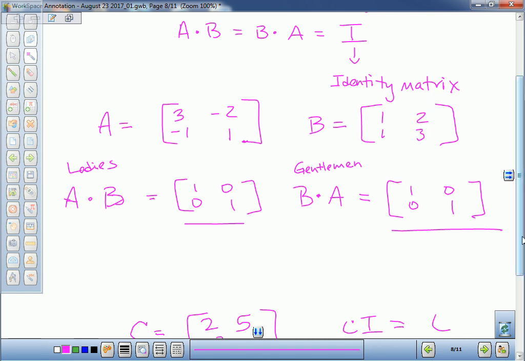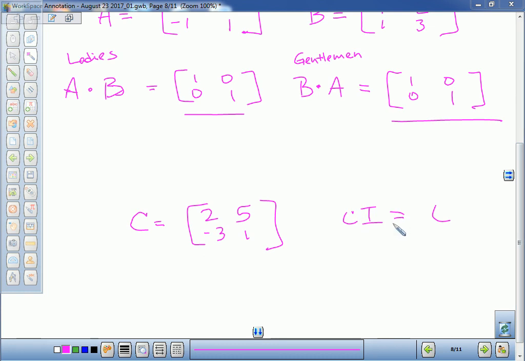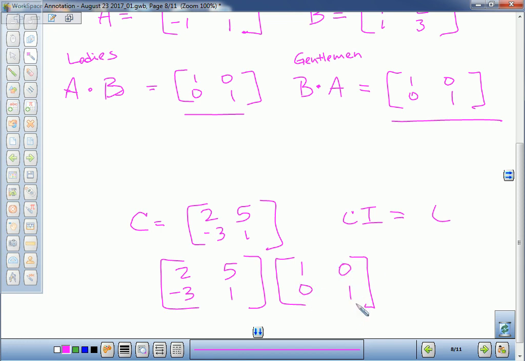Now, an identity matrix is quite unique in the fact that with any matrix I take, let's say I try a new matrix, matrix C, and I call it 2, 5, -3, 1, and I multiply C by the identity matrix. You'll be able to tell it's an identity matrix because we have ones going down the diagonal and zeros for every other element.